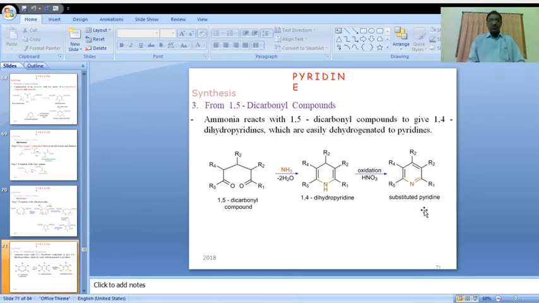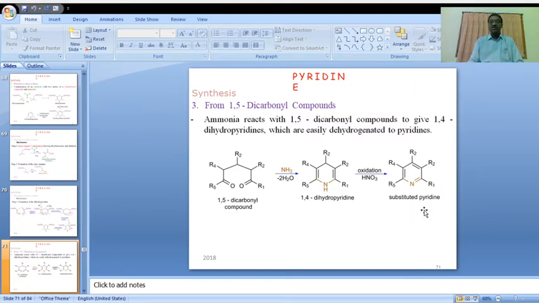Now let us go to another synthesis from 1,5-dicarbonyl compounds. It is a straight chain compound. After cyclization we will get the pyridine cyclic ring.